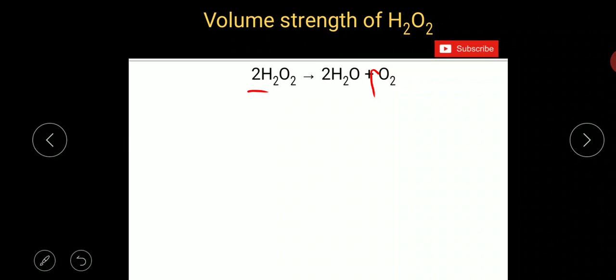Mass of 2 moles of hydrogen peroxide is 2 into 34 grams because molar mass of hydrogen peroxide is 34 grams. And volume of 1 mole of oxygen at STP is 22.4 liters. 22.4 liters also means 22,400 milliliters at STP.